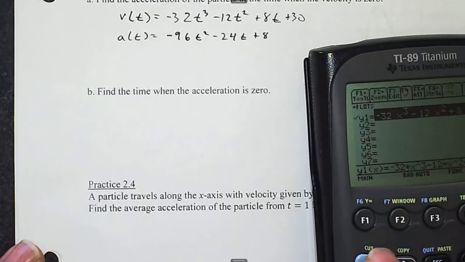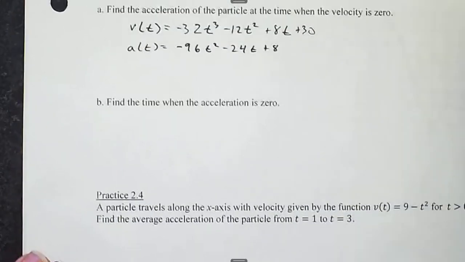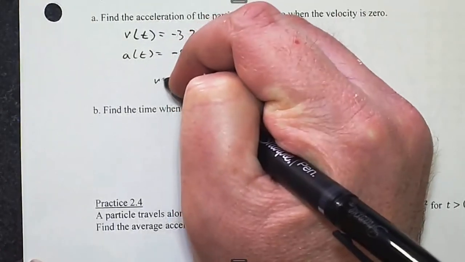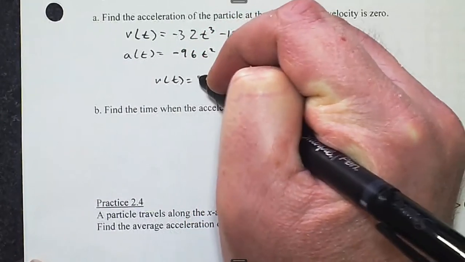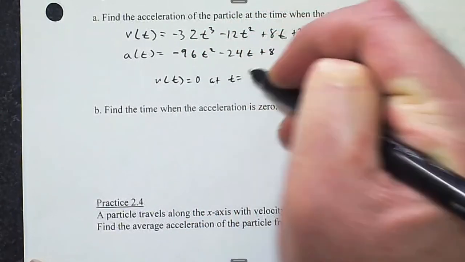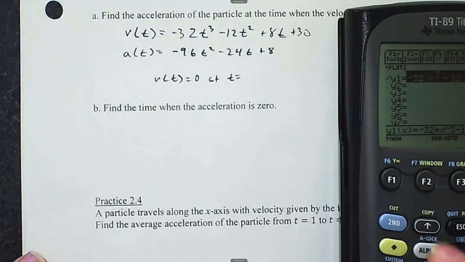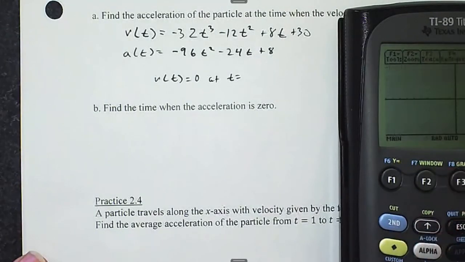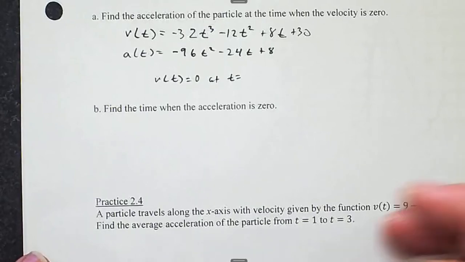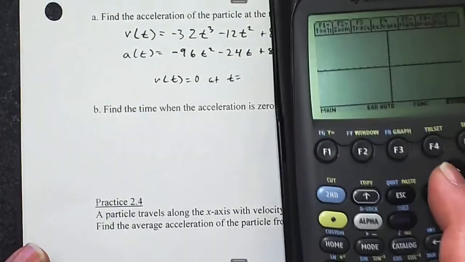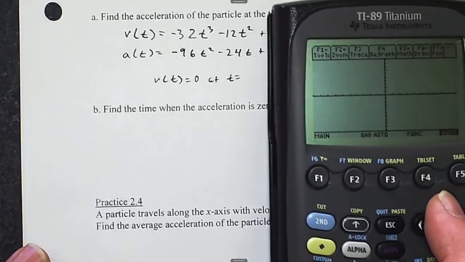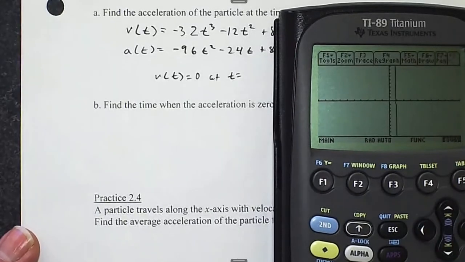All right. Well, we found the value, right? What was that value that v of t equaled 0 at? I know somebody remembers it. What was the t value?